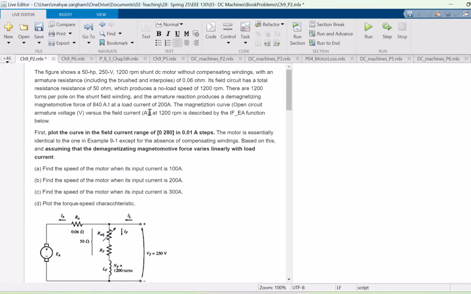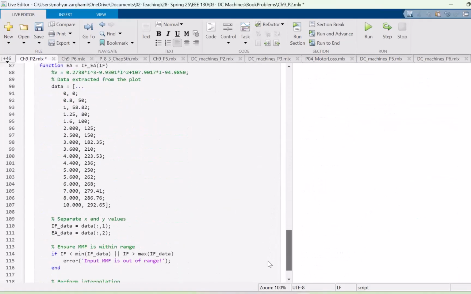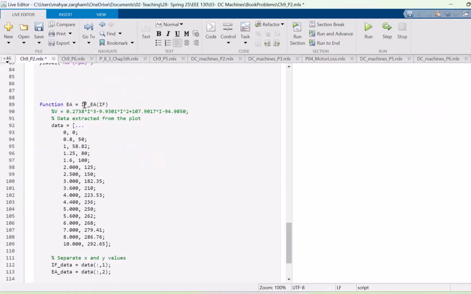In many cases, you do not have that plot. You don't have the means to find the different E versus IF through the plot. You have to interpolate. Assume that you have a bunch of points, and I've given that bunch of points here in this example. So this is the function that finds EA based on IF.